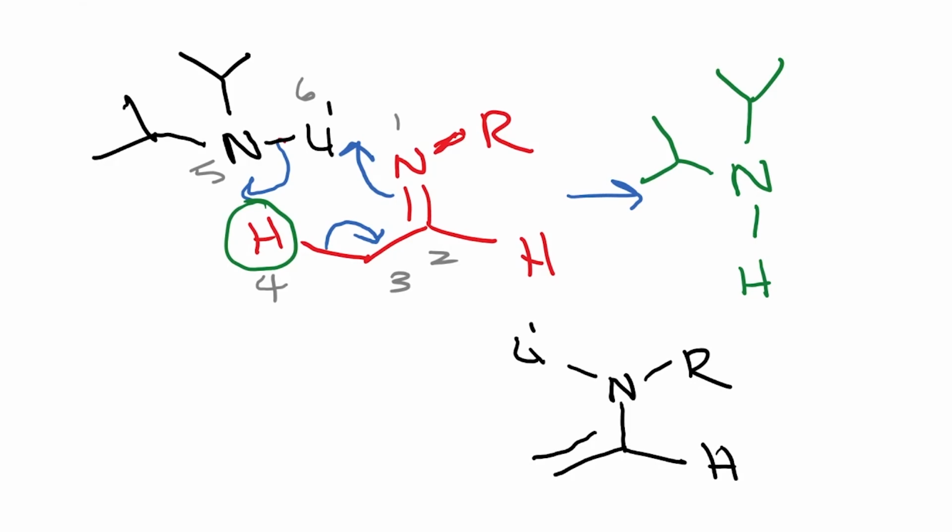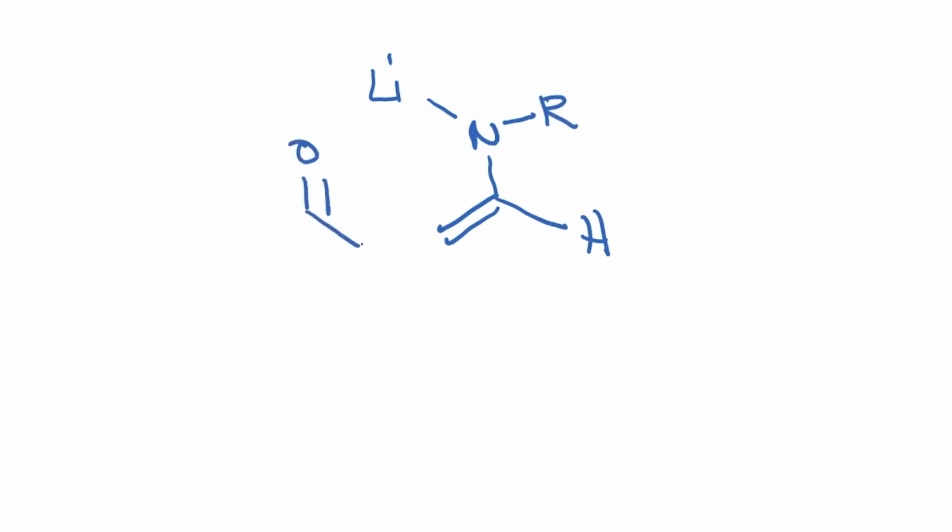And these aza enolates can now react quite nicely. I'm just going to redraw the azinyl Li, so this is the double bond, this is the hydrogen, and this is R. Okay. Now if I react this with an aldehyde such as this, again you can draw a nice 6-membered ring type of intermediate.